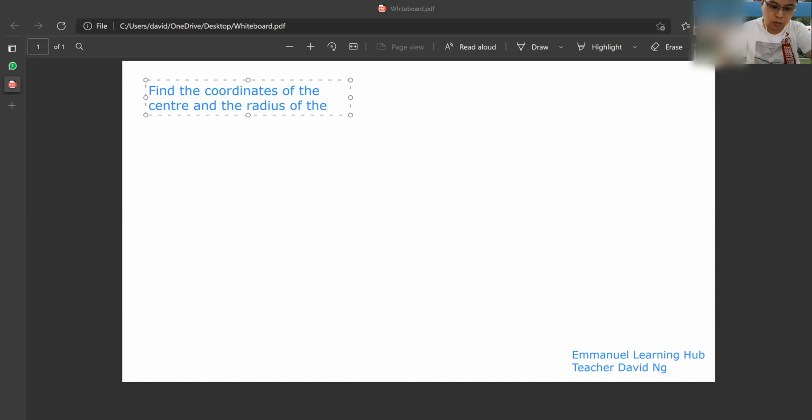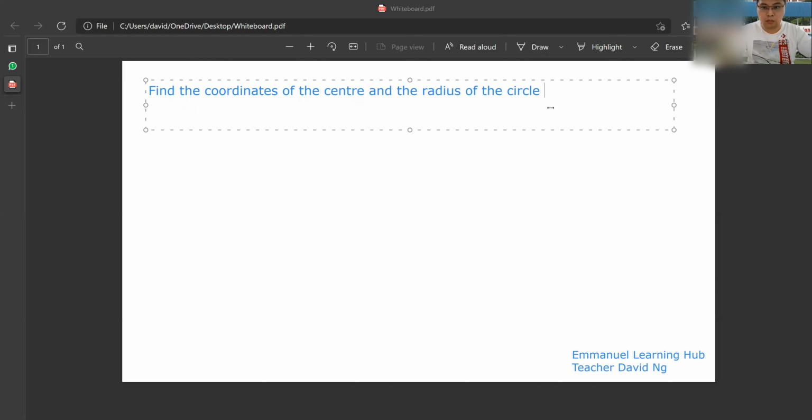Okay, so let's say I have a general form equation, and the question is find the coordinates of the center and the radius of the circle.